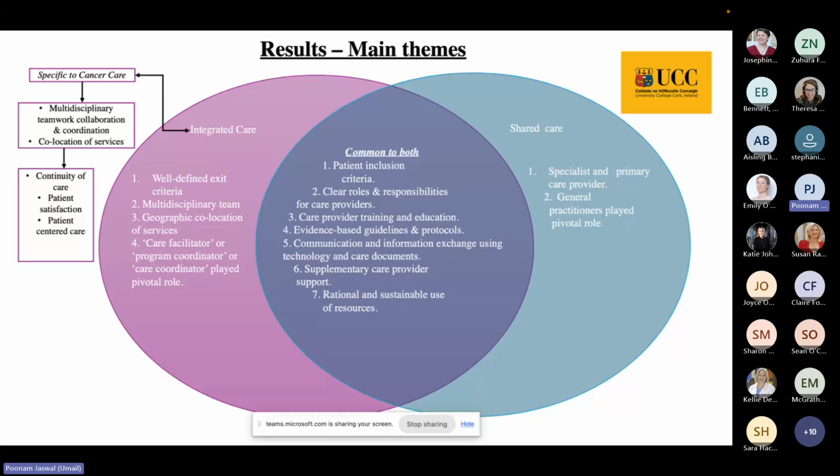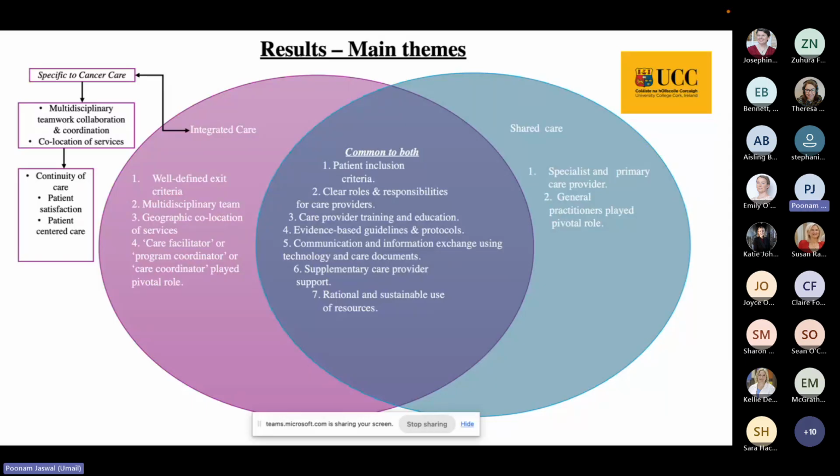Both the models were found to deliver rational as well as sustainable use of resources. What distinguished integrated care specifically were domains such as well-defined exit criteria for the patients, multidisciplinary team, co-location of the services, and care providers playing a particularly pivotal role in the form of either care facilitators or program coordinators or care coordinators.